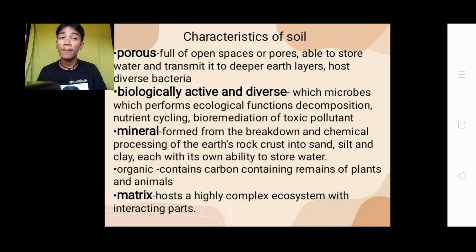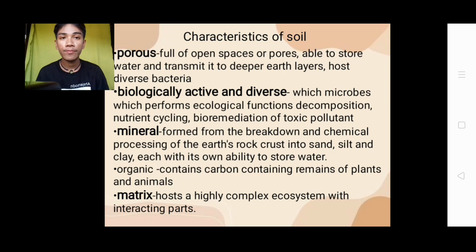While the second is biologically active and diverse, which has microbes which perform ecological functions, decomposition, nutrient cycling, and bioremediation of toxic pollutants. And the next is mineral, formed from the breakdown and chemical processing of the earth's rock, crushed into sand, settled in clay, each with its own ability to store water.